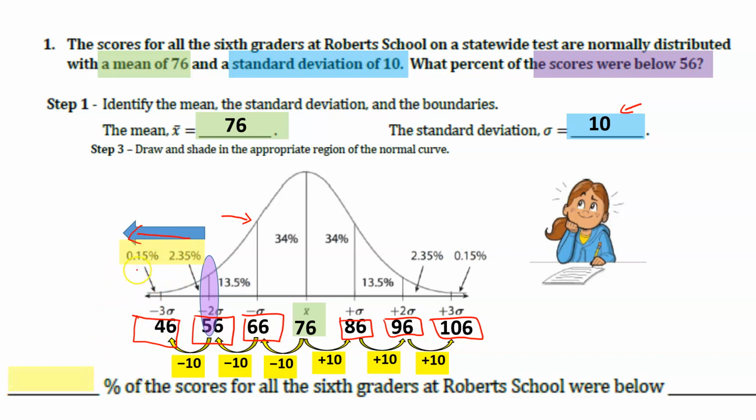And that would be about 2.5% of the scores for all sixth graders in Robert's school are below 56. That's pretty good. Only a few are below that average or mean. The majority are doing pretty well, which is good.